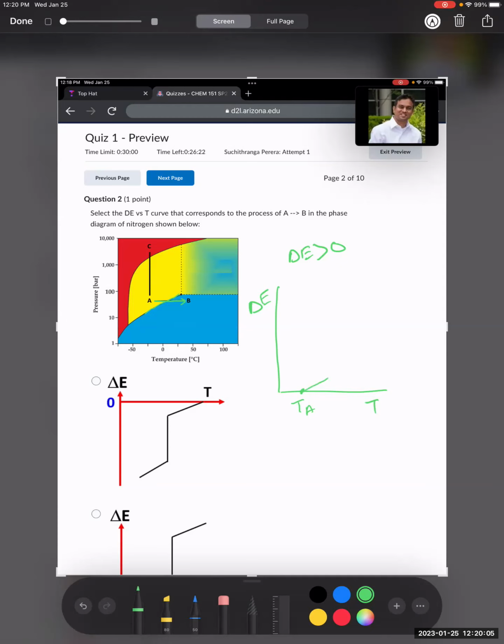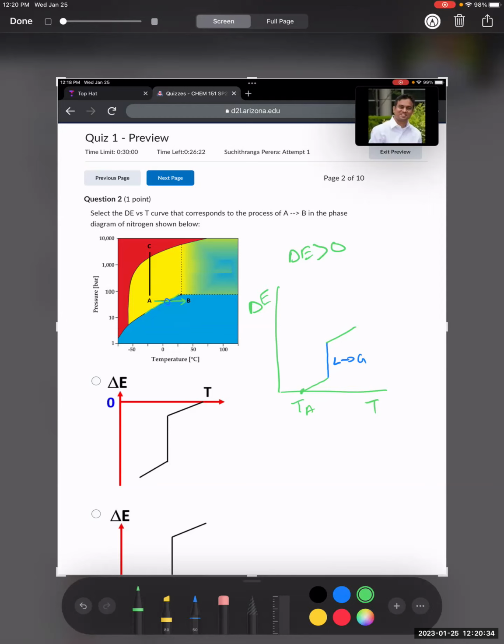During the phase transition, which is this region over here, the temperature does not change. All the energy provided is used to convert the liquid to the gas phase. And once everything's converted to gas phase, then again with temperature, the absorbed energy increases like that. So this should be the curve we are looking at.